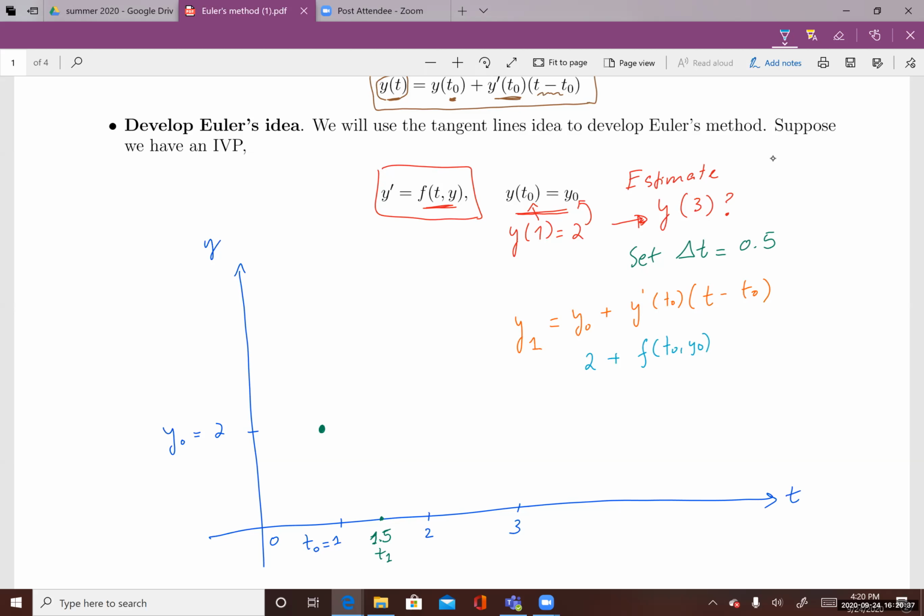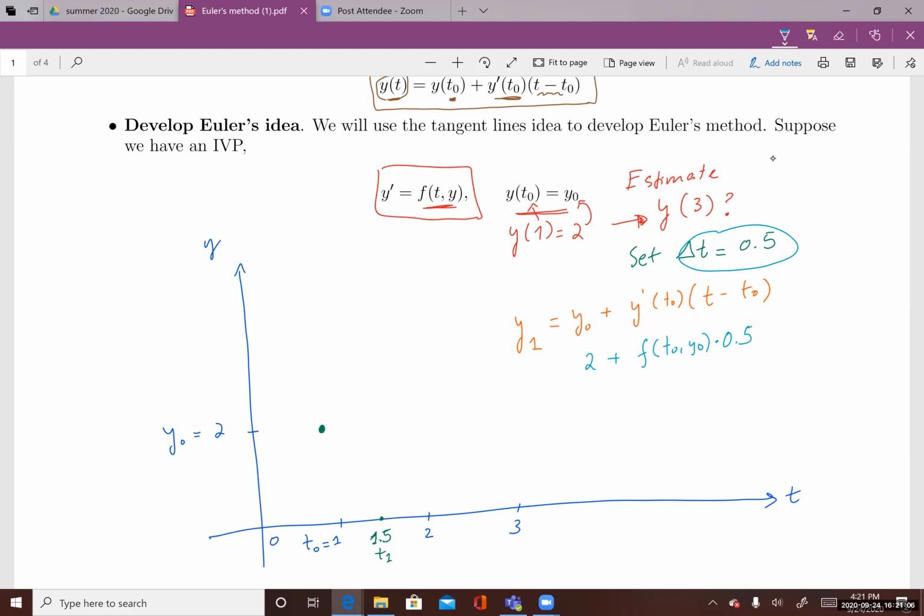Keep in mind, y prime is the function f of t, y, and it's your differential equation that you're looking at right now. So that's why you can use the tangent line approximation, because you have the information about the slope of the solutions at a point t. And then t minus t0, which I already assigned, is going to be 0.5.